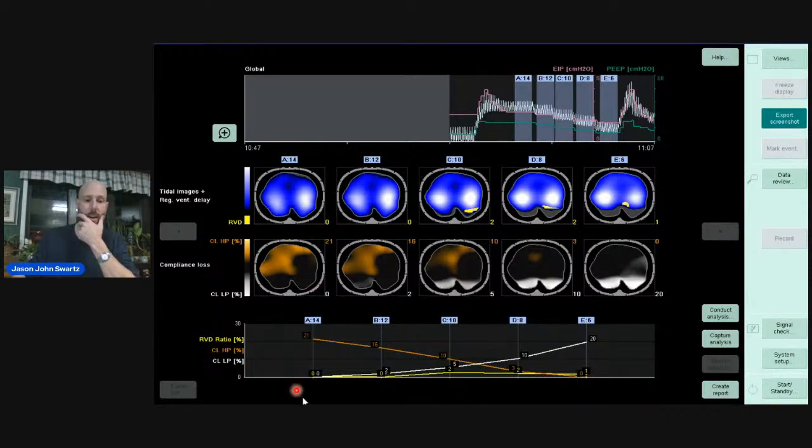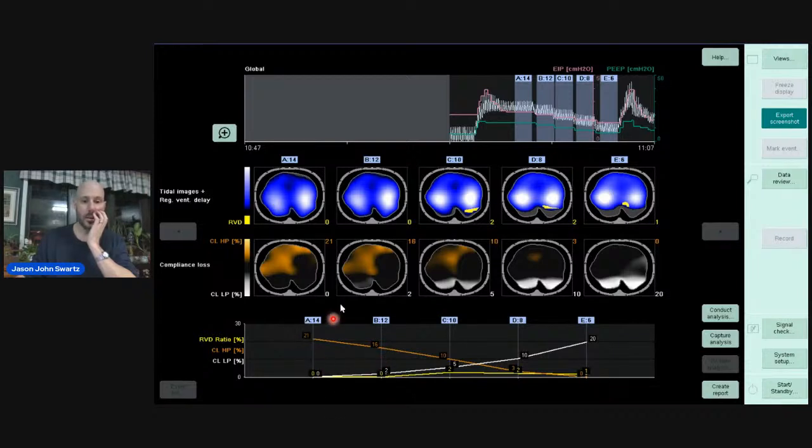When we look here, we see that yes, we were able to recruit with 14, wonderful, but there is 21% over distension. So the PEEP of 14 is too high. Okay, we look at 12 as we go down.